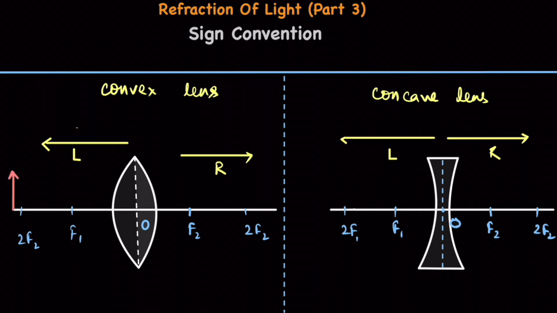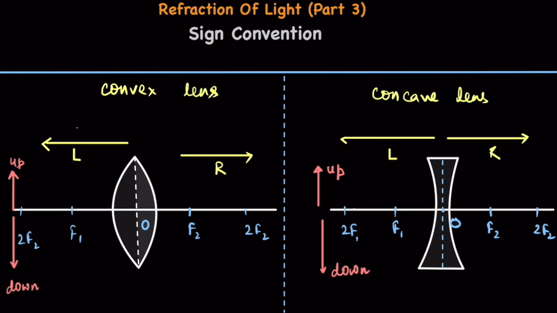Similarly, with respect to principal axis, this is the up side and this is the down. For the concave lens, with respect to principal axis, this is up side and this is down. So right is considered as positive and left is considered as negative.